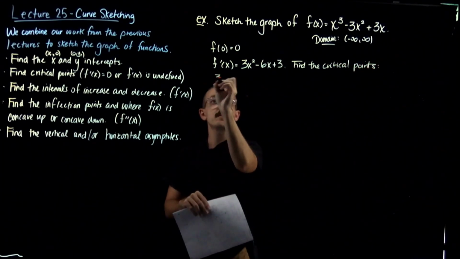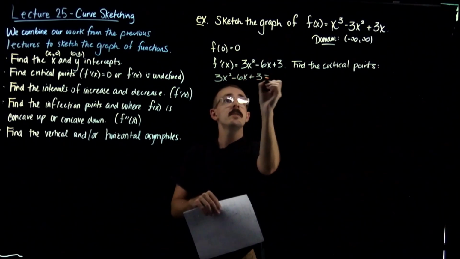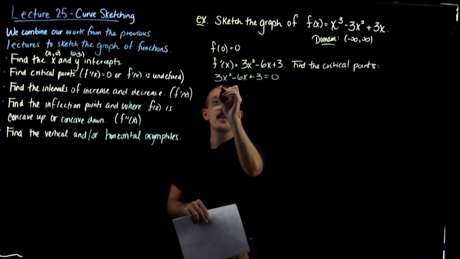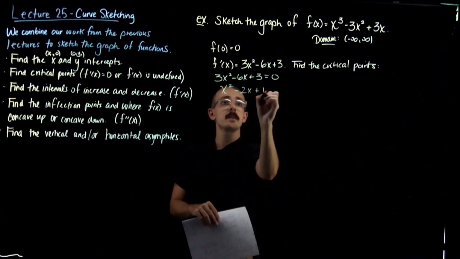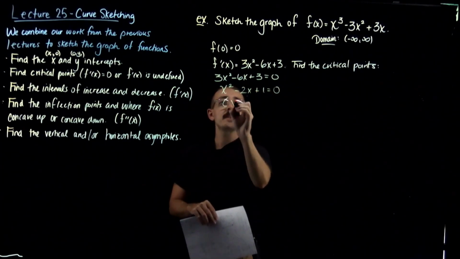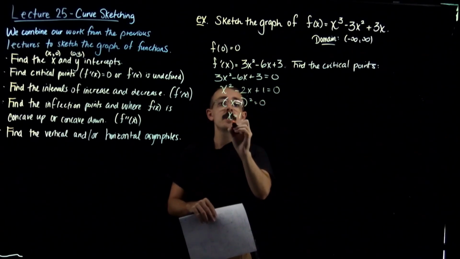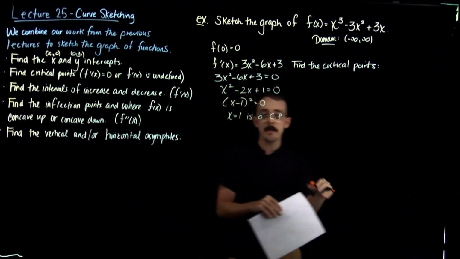So that means I'm going to take the first derivative, and I'm going to set it equal to 0. Notice that I could divide every term by 3, and that's OK. So I could simplify this to x squared minus 2x plus 1 equals 0. And then this factors into (x minus 1) squared equals 0. So x equals 1 is a critical point.